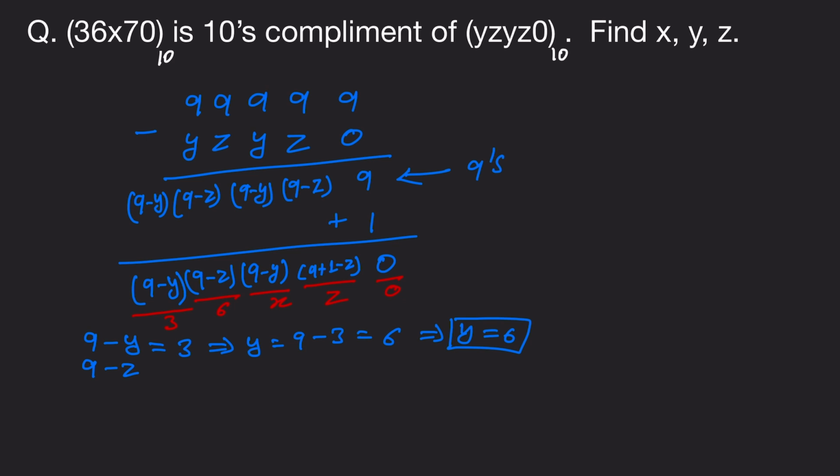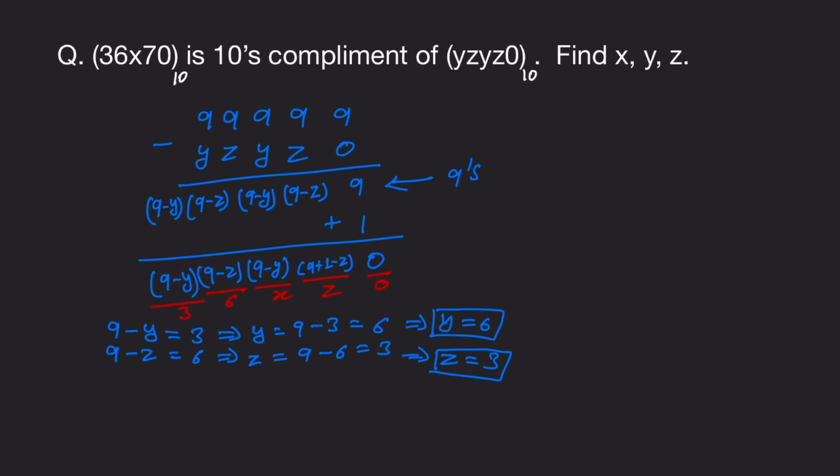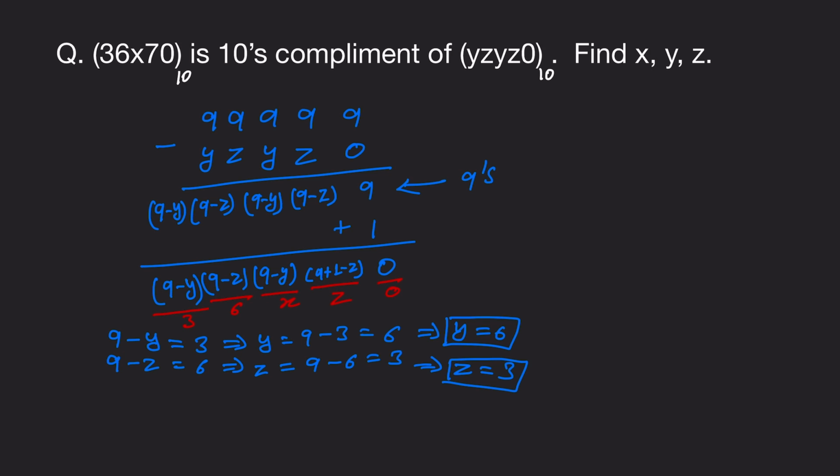9 minus z is equal to 6. Therefore, z is equal to 9 minus 6, 3. It means z is equal to 3. After that, 9 minus y is equal to x.